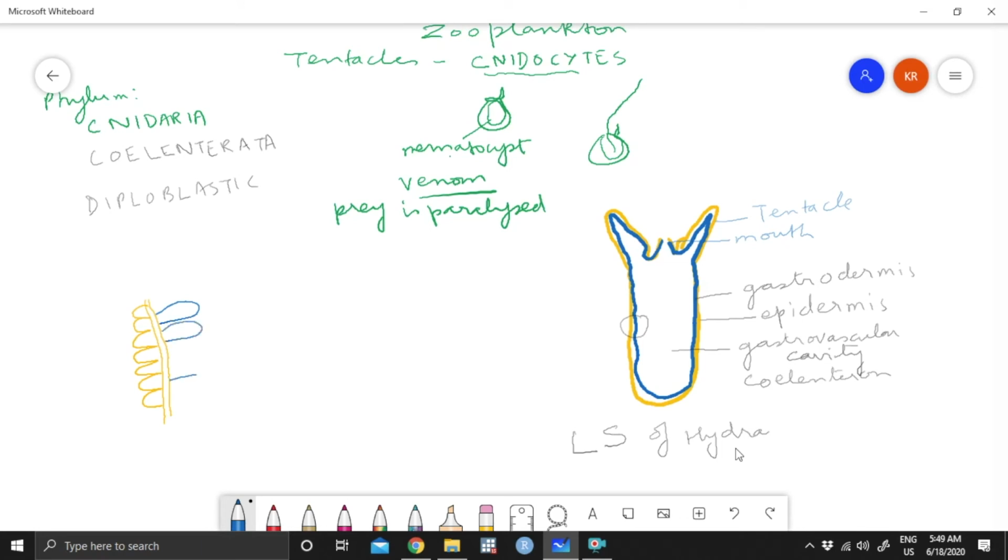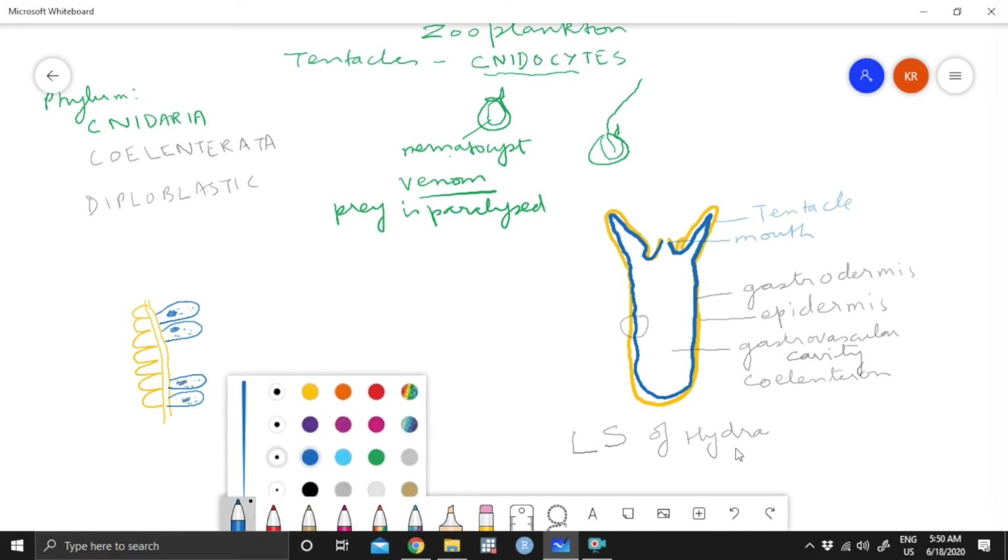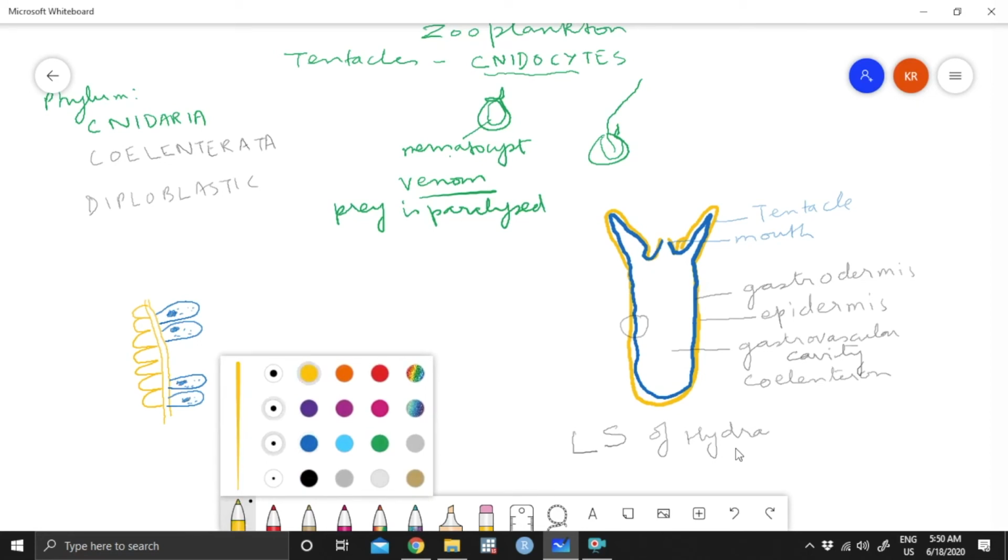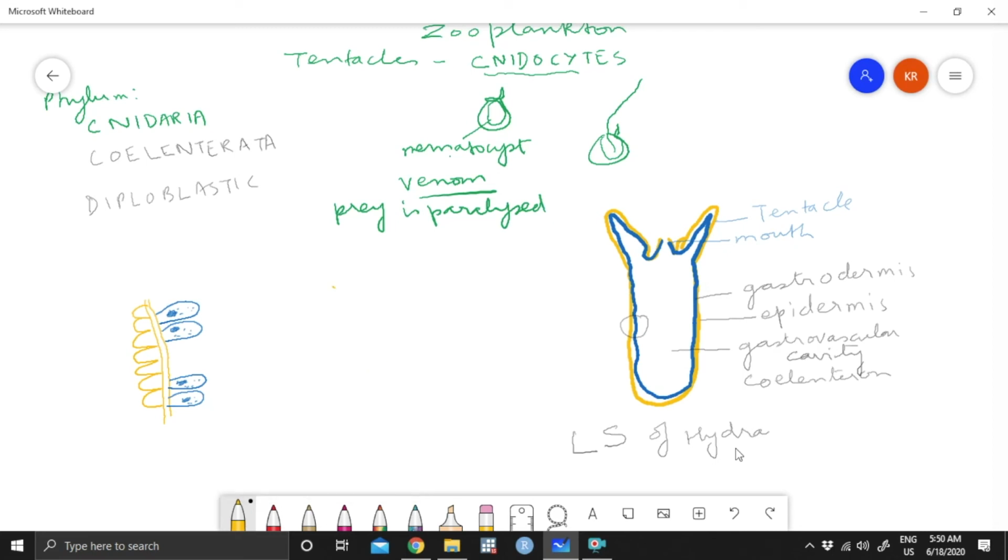So these are a bunch of flask shaped cells. Of course, they will contain a nucleus. So on this side also you can show cells.